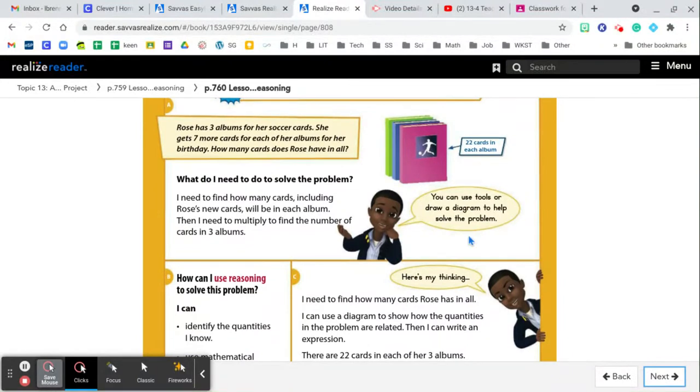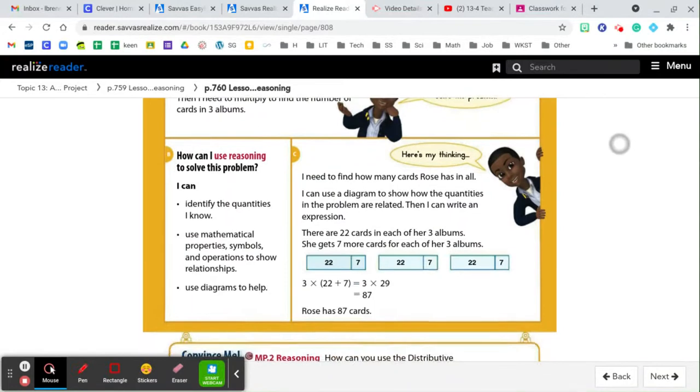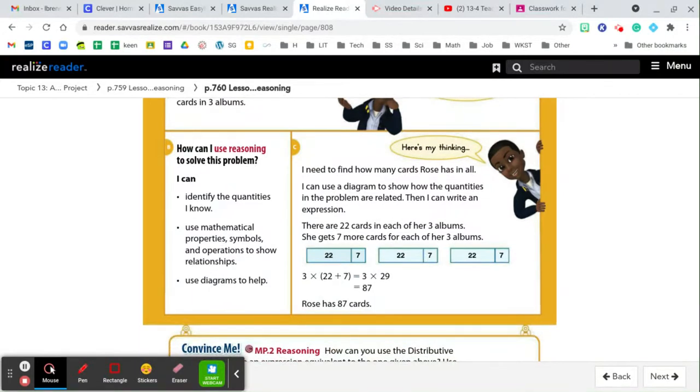There's a little bit of information over here that's really important: 22 cards in each album. So you can use tools, draw a diagram to help you solve the problem, whatever you'd like to do. If you drew a picture, you could say she has 22 cards in each album, and when you add 7 to 22, you're going to get 29 cards plus 29 plus 29.